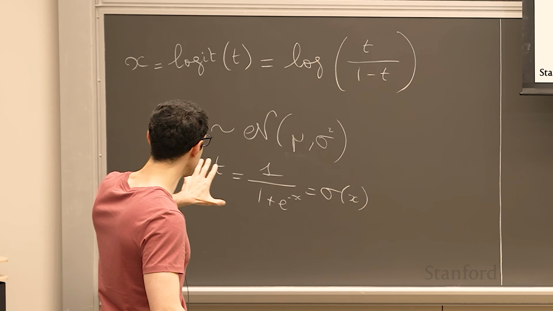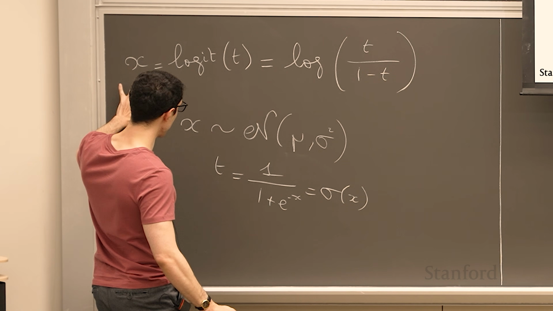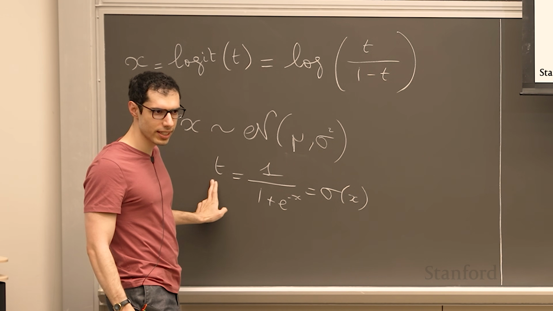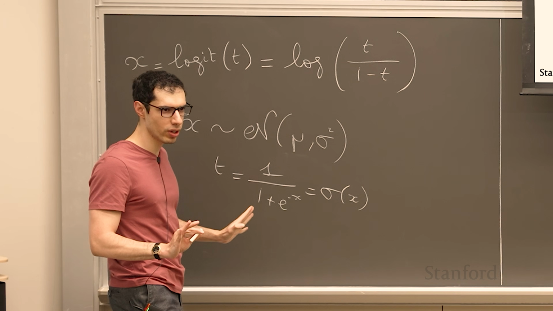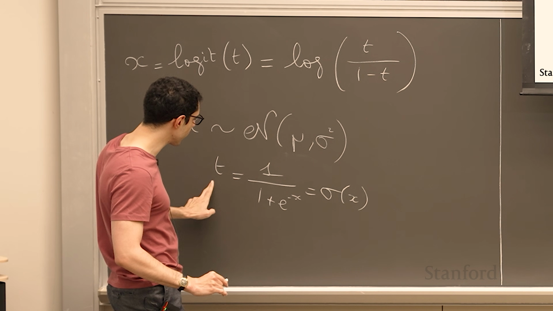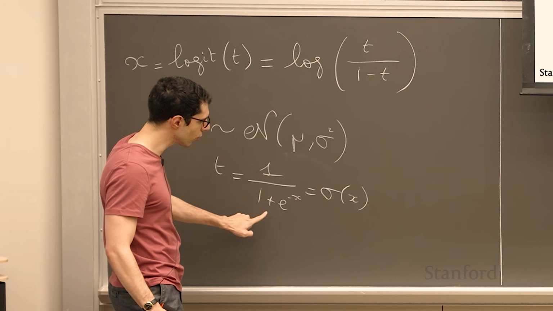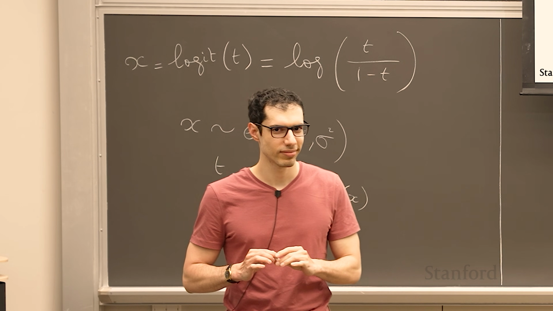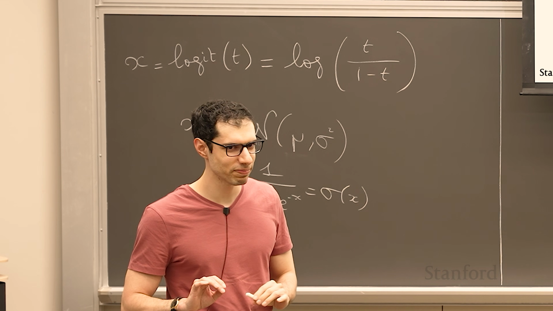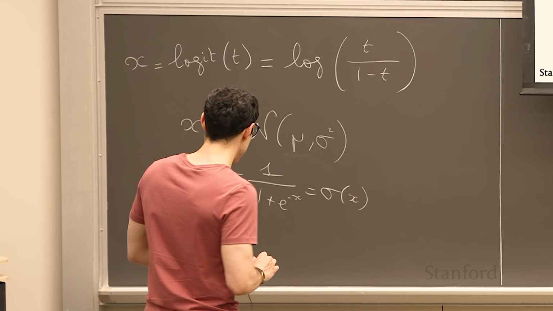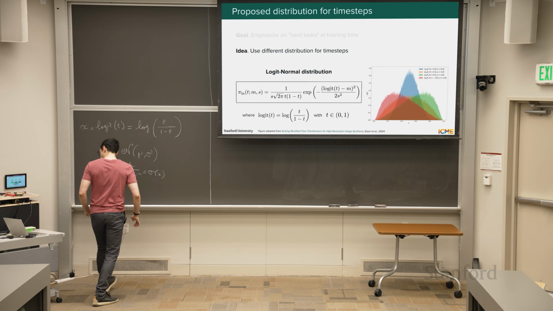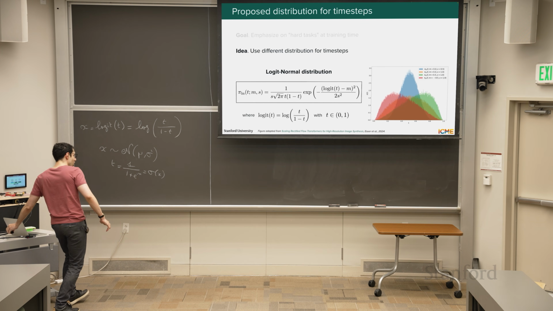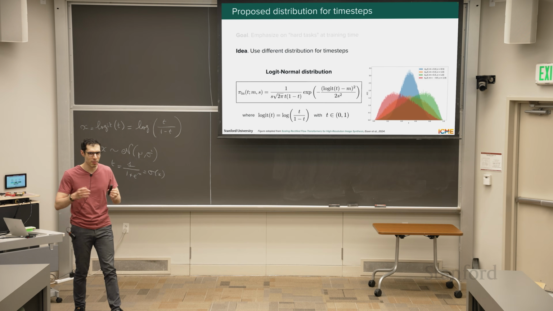So that mathematical trick is just a way for you to guarantee that you're in between 0 and 1, because here, the sigmoid is between 0 and 1. Does that make sense? OK, great. I just want this formula or this distribution to not seem like it's coming out of nowhere.